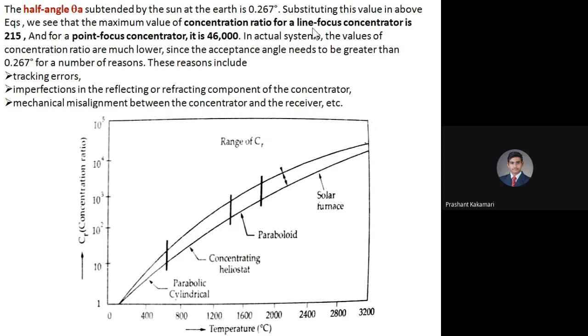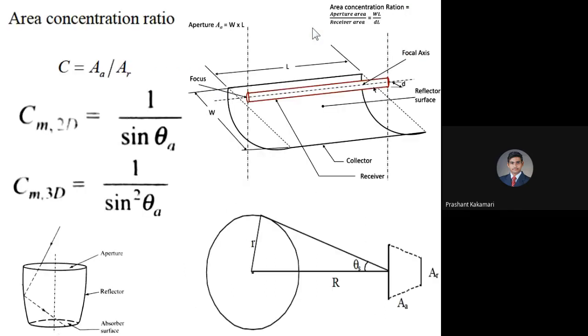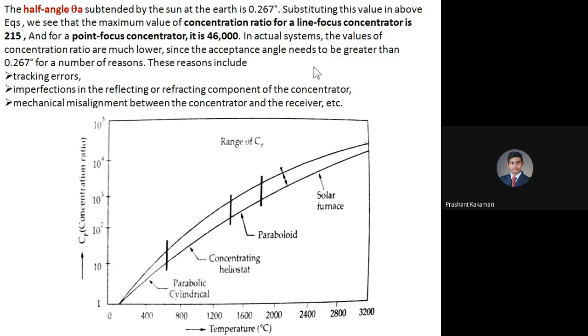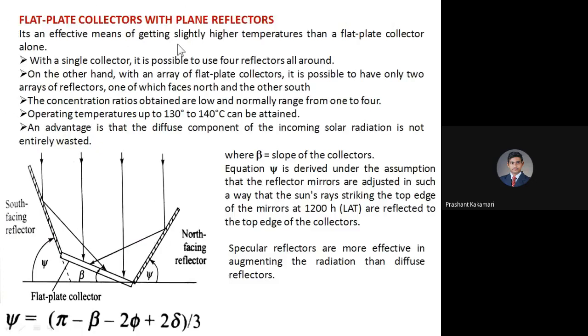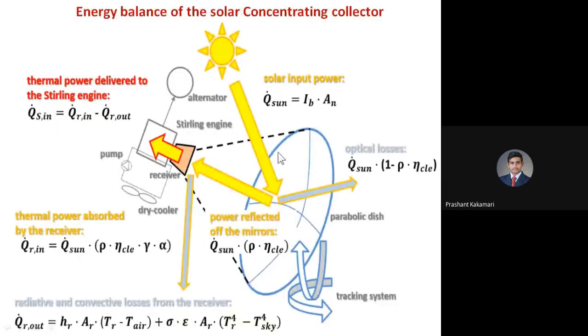If you take that ratio for line focusing, in the sense it is a cylindrical parabolic concentrator, it will be a line focusing device like this. On this line, the focus of solar radiation is falling. For this, one can go up to a maximum concentration ratio of 250. And for a point focusing concentrator, for example a paraboloid system like this, the paraboloid is focusing the solar radiation to a point.